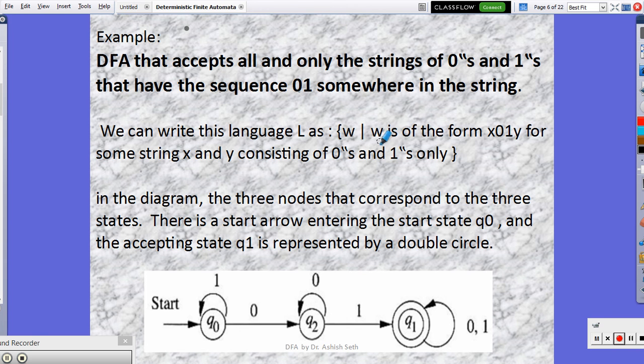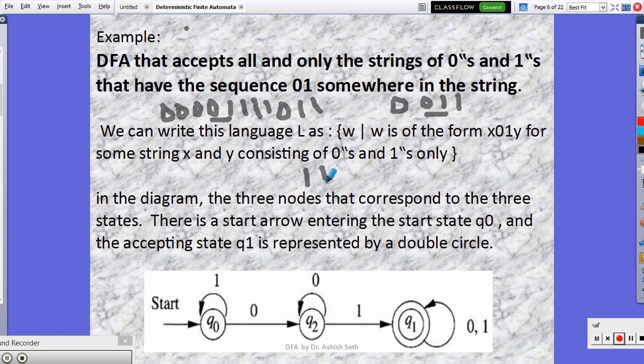If I write the string 0 0 1 1, this is accepted because we have 0 1 in between. Or 0 0 0 0 1 1 1 1 0 1 0. This is also accepted because the entire string is made up of 0 and 1, and we have 0 1 somewhere in the string. Now take another example.